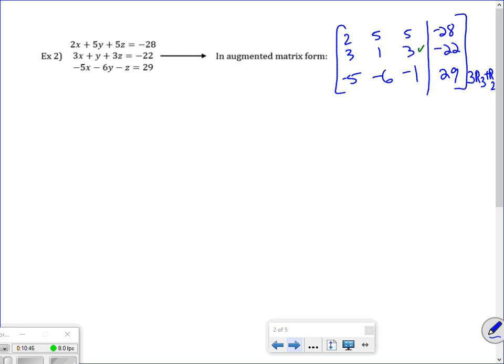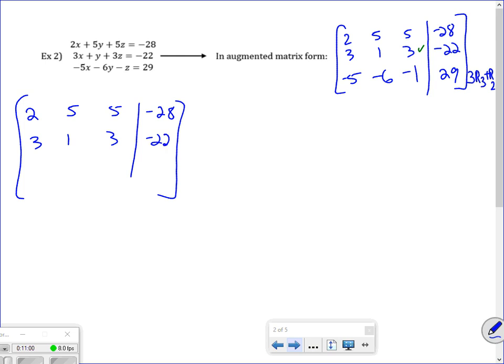All right, so my 2, 5, 5, negative 28 is staying the same. All right, my second row is not changing, 3, 1, 3, and then negative 22. My new third row is 3 times itself plus row 2.